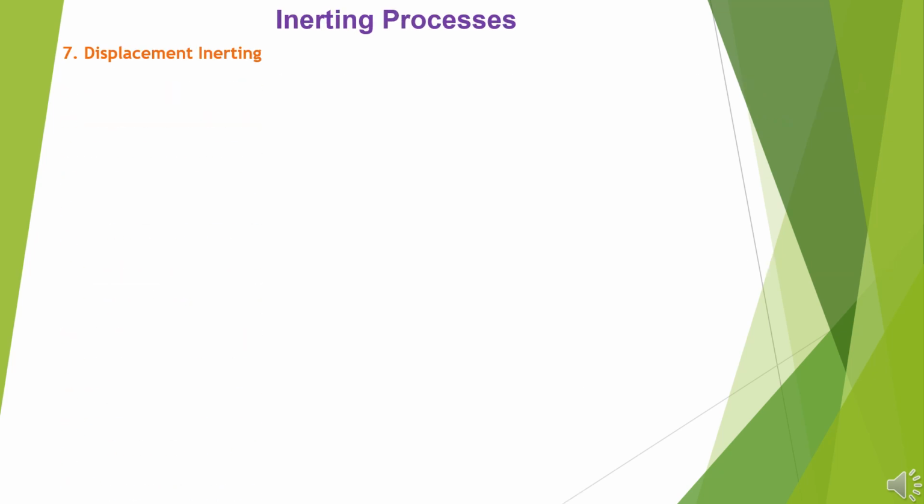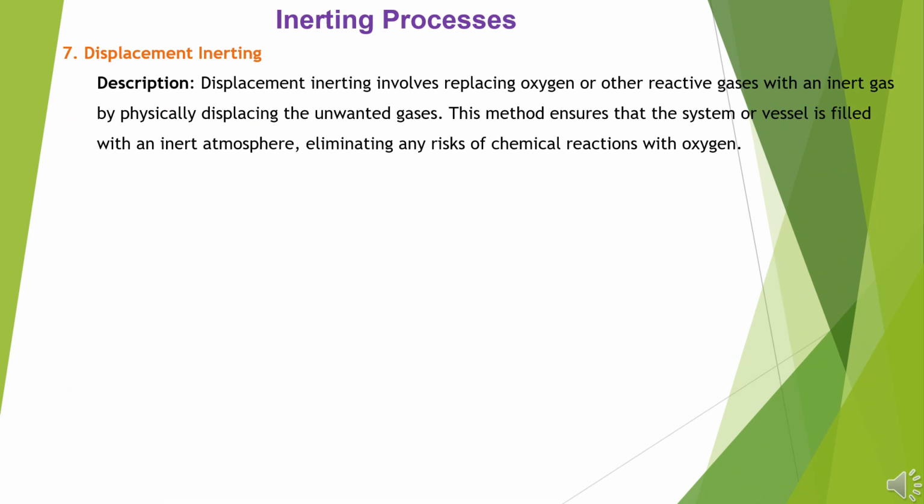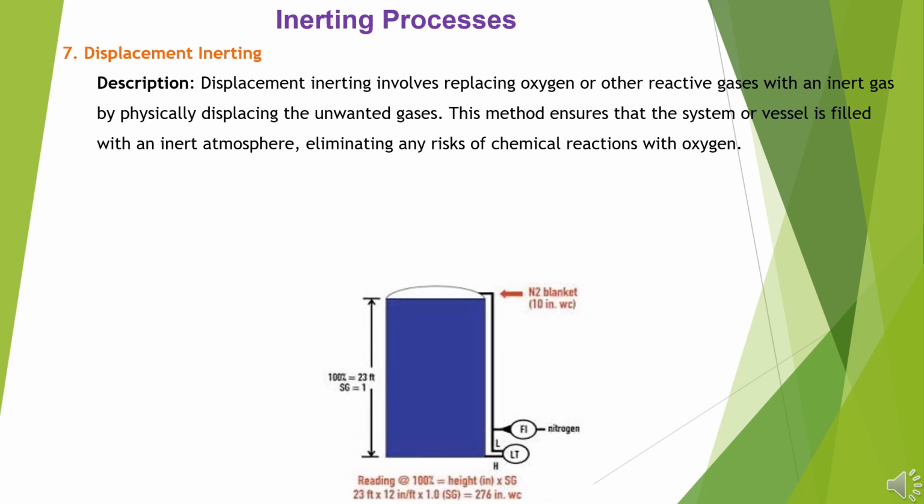Seven. Displacement inerting. Description: displacement inerting involves replacing oxygen or other reactive gases with an inert gas by physically displacing the unwanted gases. This method ensures that the system or vessel is filled with an inert atmosphere, eliminating any risks of chemical reactions with oxygen.